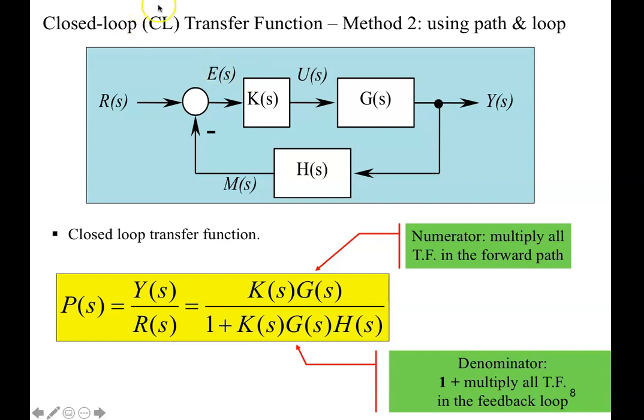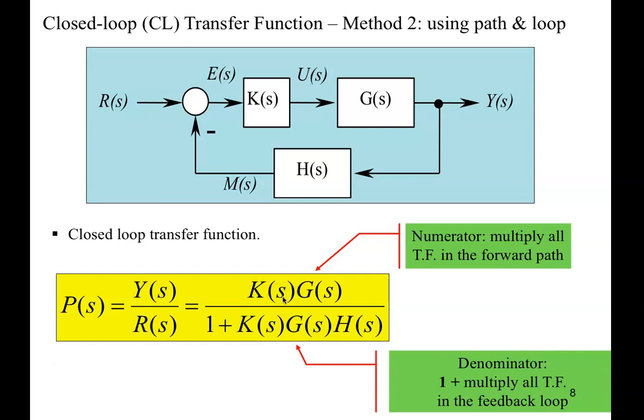For example, if I want to find a relationship between R and Es, Es is my control error as a kind of output, because sometimes we want to examine what the control error is. The input is Rs. Then the denominator term will be the same. It's 1 plus KGH because the feedback loop doesn't change. But the feed forward between R and E does not have any transfer functions. So on the top will be just simply a 1.